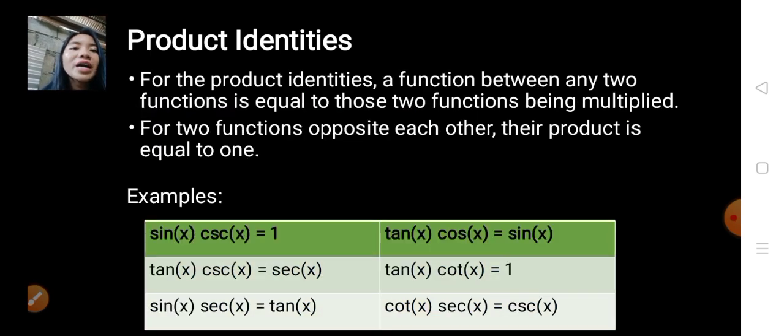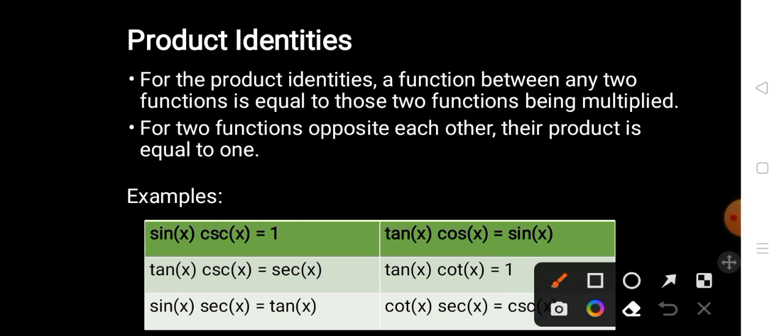So for product identities, a function between any two functions is equal to those two functions being multiplied. For two functions opposite each other, their product is equal to 1. So we have sine x times cosecant x is equal to 1.